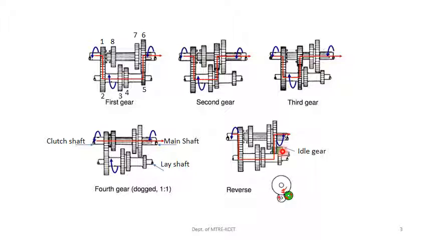But the main drawback of the sliding mesh gearbox is that it is noisy in operation, because we are using spur gears in this type of gearbox. Then we are sliding the gears frequently, so we have more maintenance cost compared to other gearboxes.